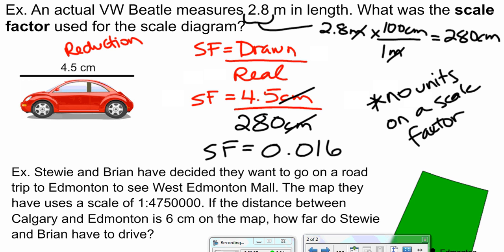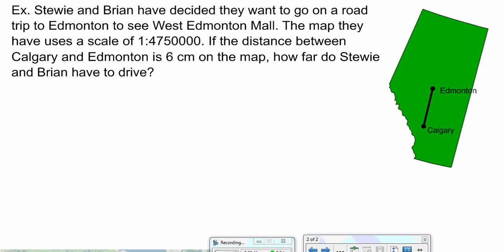Okay, next one. Stewie and Brian have decided they want to go on a road trip to Edmonton to see West Edmonton Mall. The map they have used uses a scale of 1 to 4,750,000. If the distance between Calgary and Edmonton is 6 centimeters on the map, how far do they have to drive?